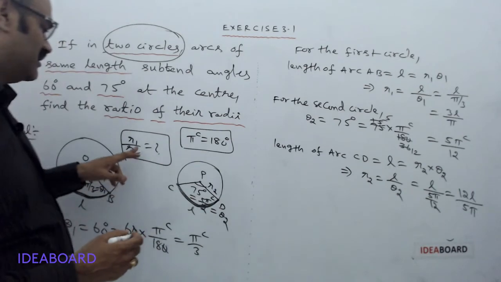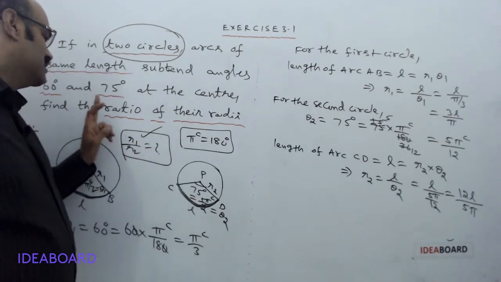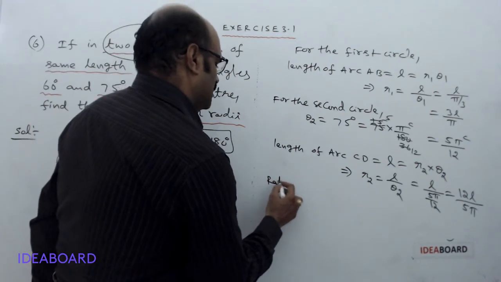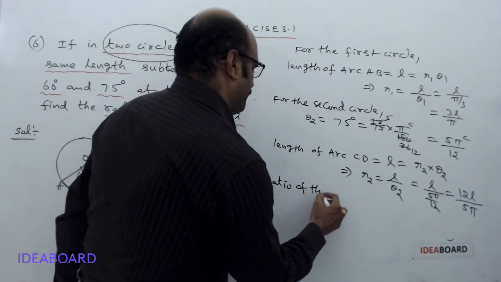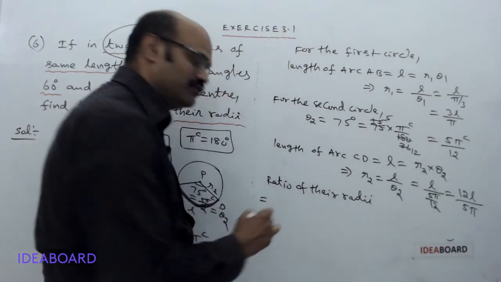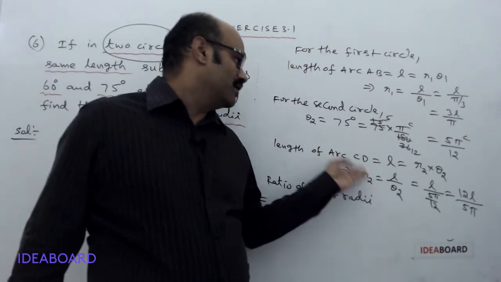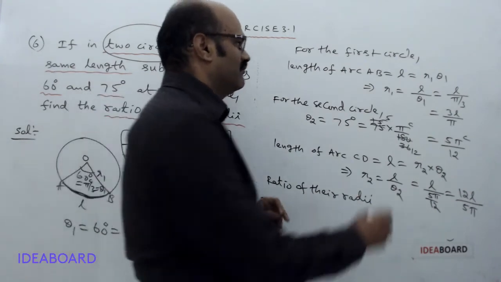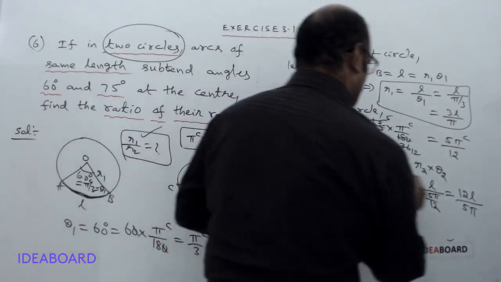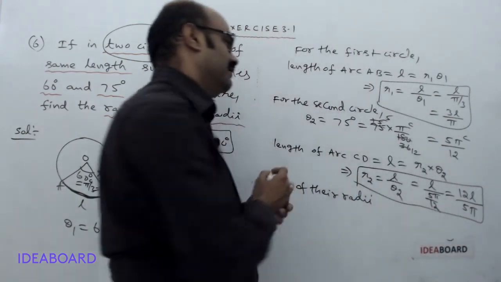Now our target is R1 by R2, the ratio of their radii. R1 is 3L by pi, and R2 equal to 12L by 5 pi.